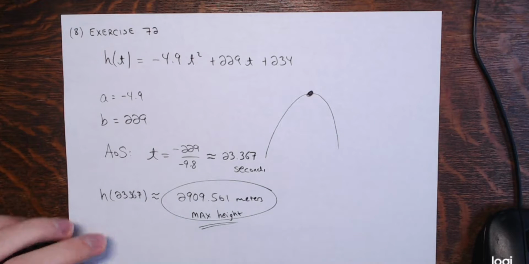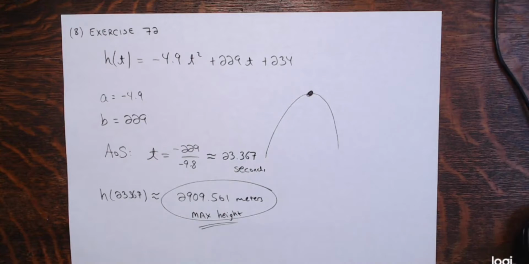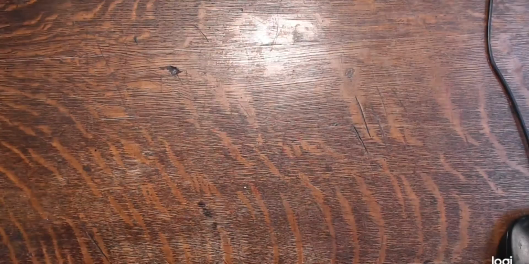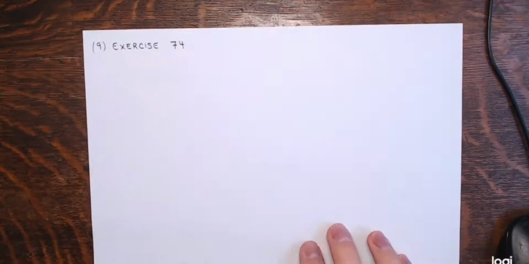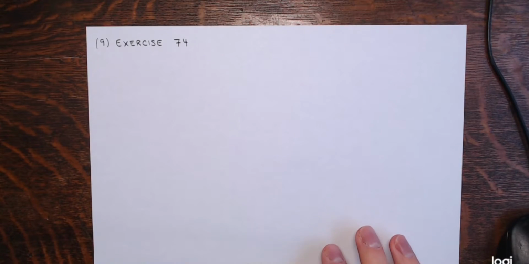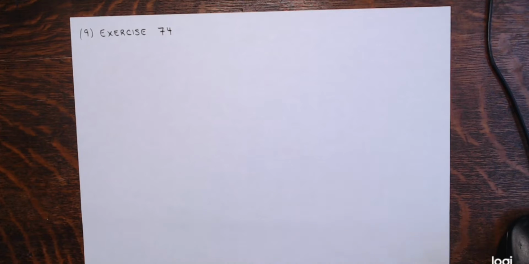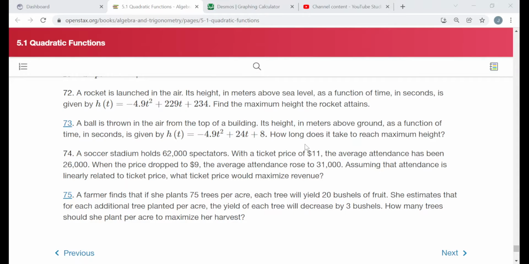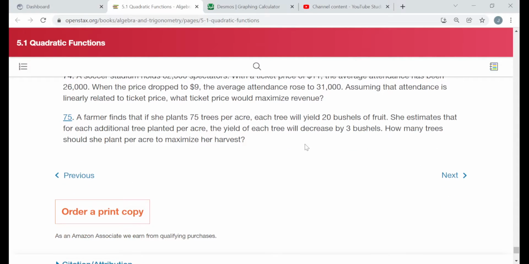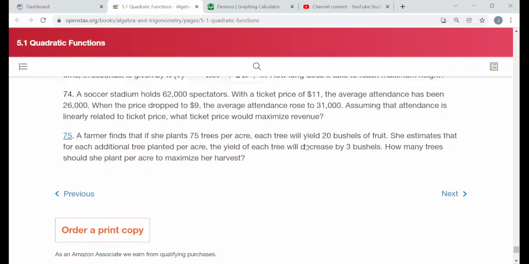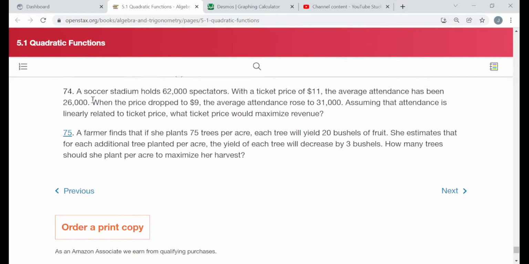Okay. And I got just one final example. It's just the next even numbered exercise in that real world applications area. Exercise 74. Right. So here we have a soccer stadium holds 62,000 spectators with a ticket price of $11.